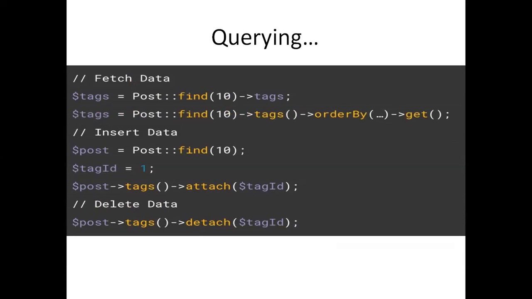If we have to apply some more chaining method, then we can use the tags as a method. To fetch the data, insert is a little different from the previous one. Here there are two functions, attach and detach.